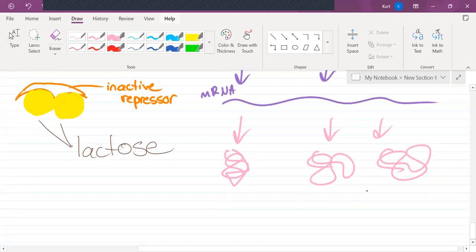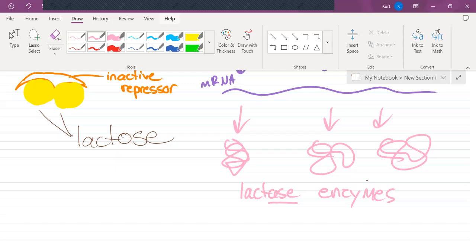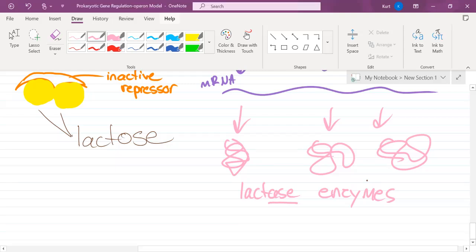Or actually enzymes, to be exact. These are lactase enzymes. Now, you all learned a long time ago that enzymes are named after what they break down. What do you think the enzyme lactase breaks down? Lactose. So that lactase will break down the lactose and get the glucose and use the glucose for cell respiration.